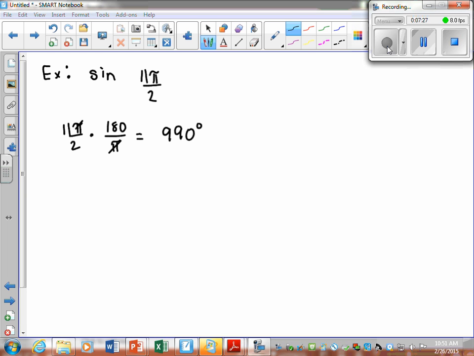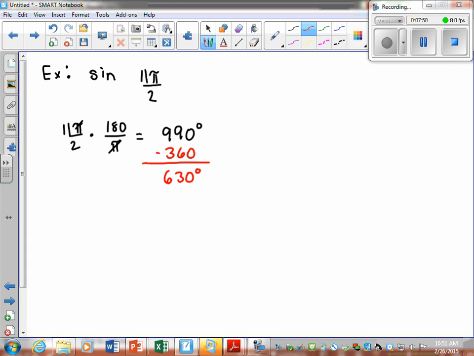So first, let's just take a moment and convert this to degrees. Alright, so when I got 990 degrees, and I think about everything we've talked about so far, we haven't talked about 990 degrees. We've talked about a circle that has how many degrees? 360. Good. So if I want to take one of those revolutions out, I'm going to say, let me take one of the laps around the circle, and that would put me at 630 degrees.